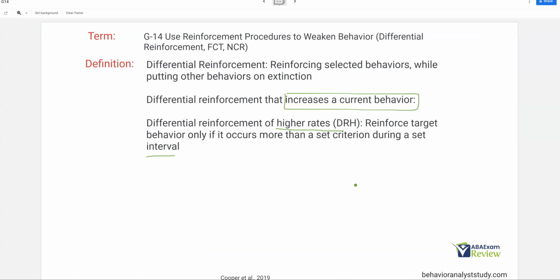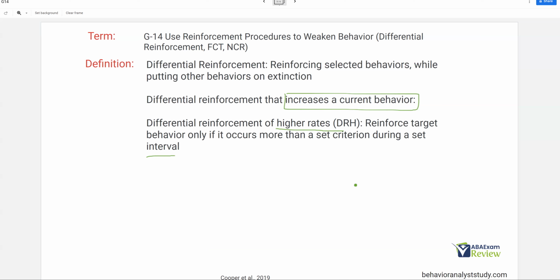So you might ask, on my exam, how will I separate all these strategies? Well, the first thing you want to ask is, are you explicitly teaching an alternative or replacement behavior? If you are, you're very likely looking for a differential reinforcement of alternative behavior strategy or an incompatible behavior strategy.